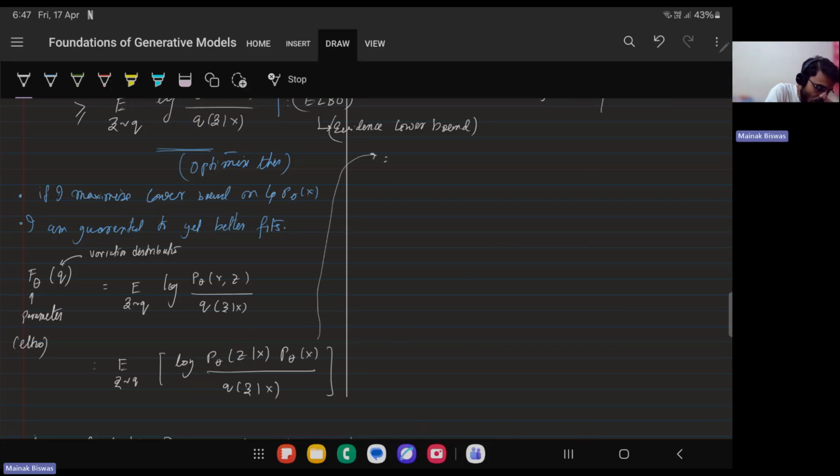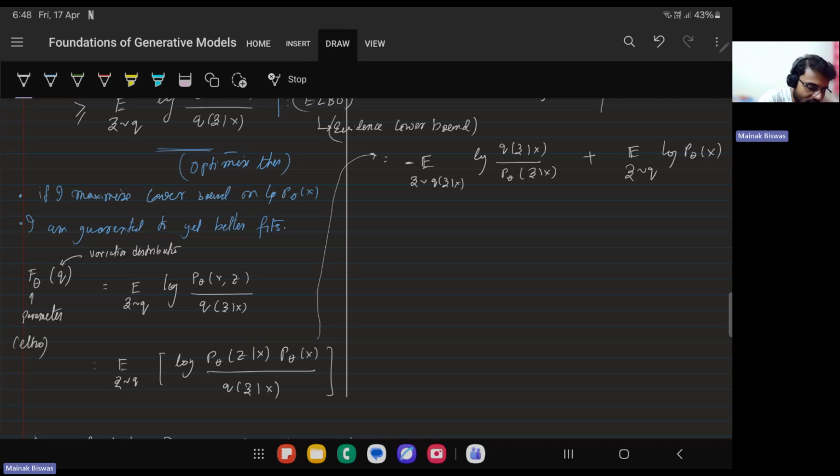We can write this as the negative of the expected value of z in q of log of q of z given x over p theta of z given x, where I've just inverted the log, plus the expected value over z sampled from q of log p theta of x.